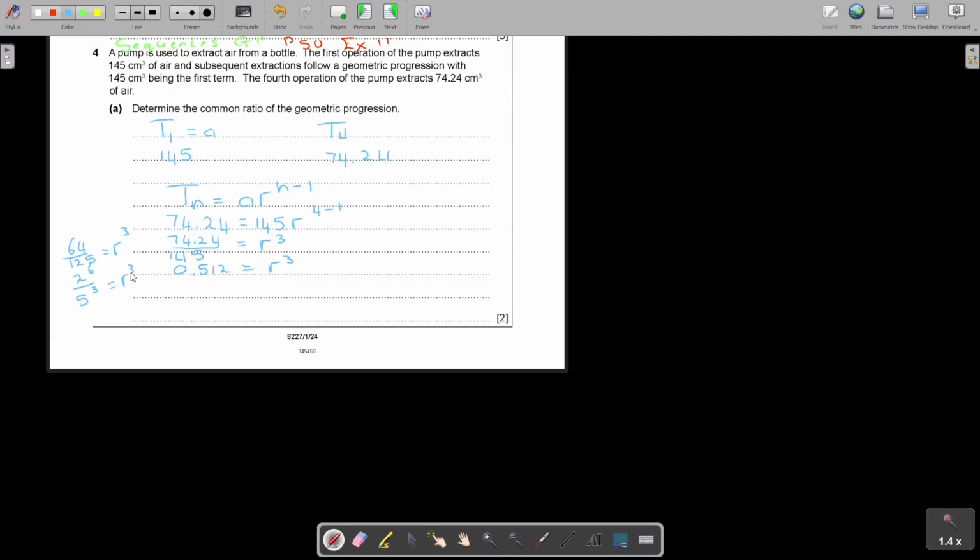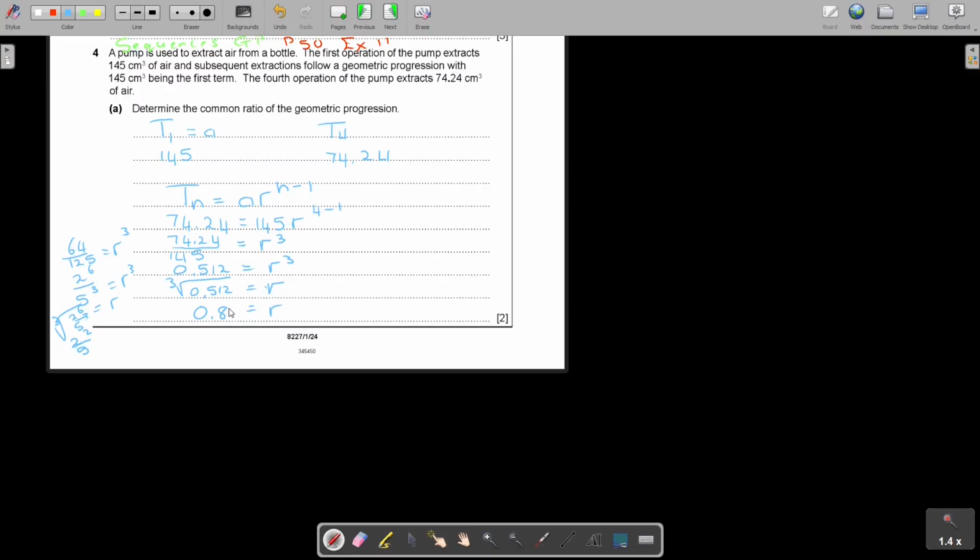If you then take the cube root, it will be 2 to the power of 2 over 5, which is 4 over 5. But if you take the cube root here, you will just get 0.8, which is also correct, because it's exact. Okay, so that is the value of r.